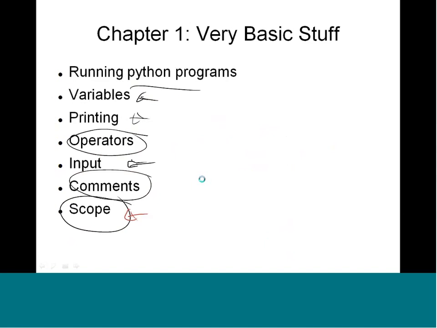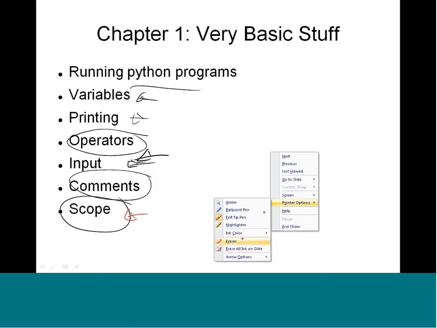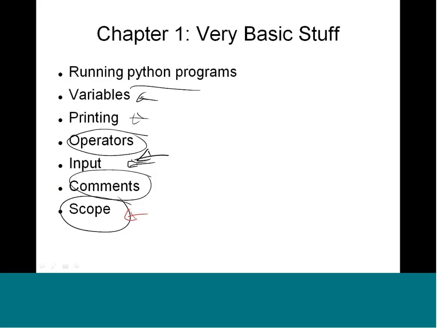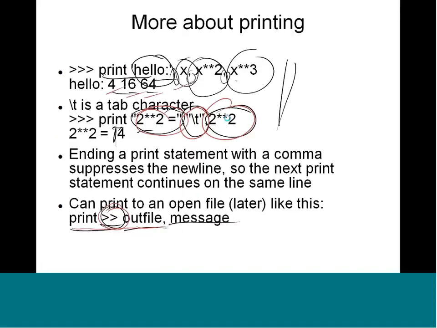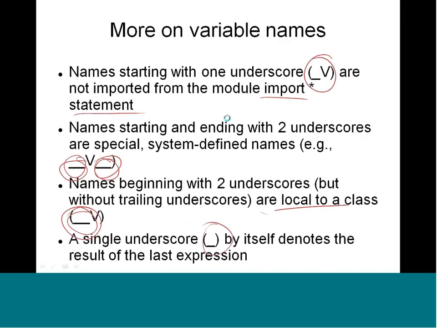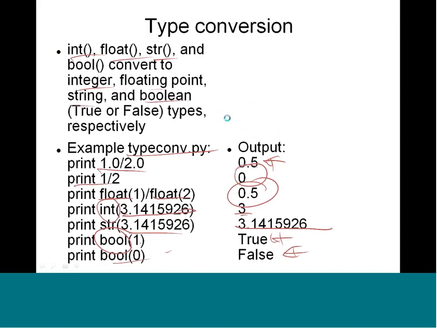Some of the banned keywords also, and what the rules are for having a keyword. Then we talked about how we can input a variable into the program, and how to write comments, and today we saw the scope. I hope those things are very clear for you.